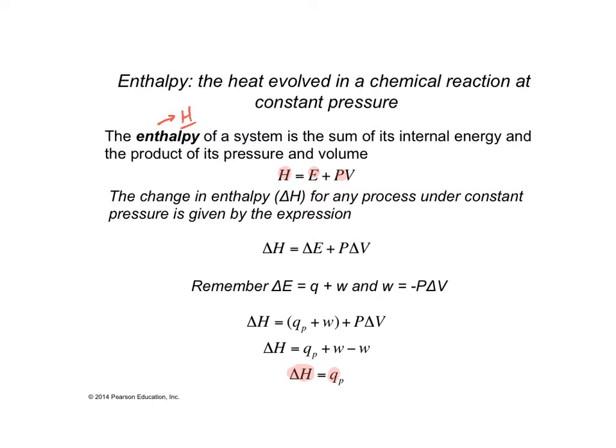So change in enthalpy is also referred to as the heat of reaction. And most importantly, what do you think this little lowercase p represents? In terms of gases, what does p usually represent? Pressure, right? So enthalpy is the heat of reaction at constant pressure.